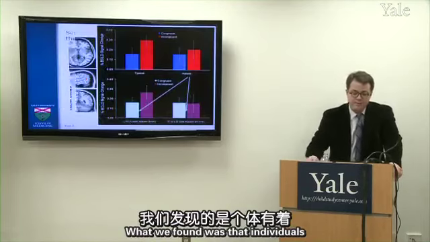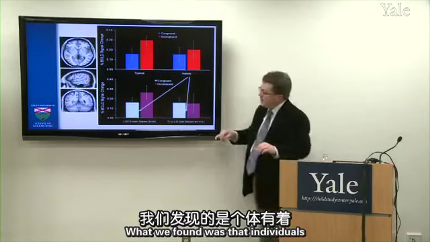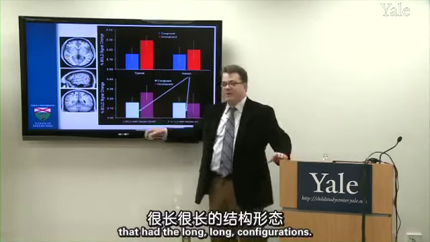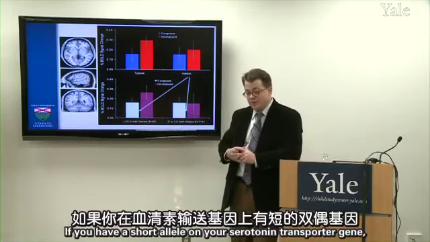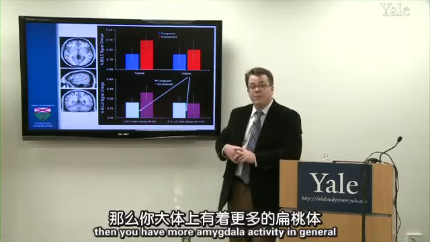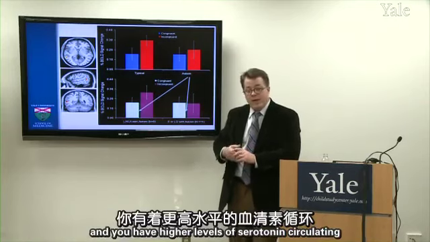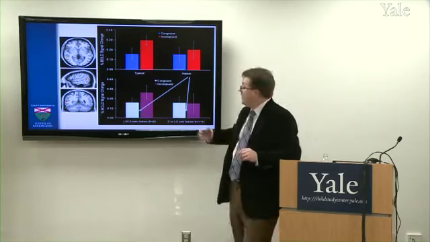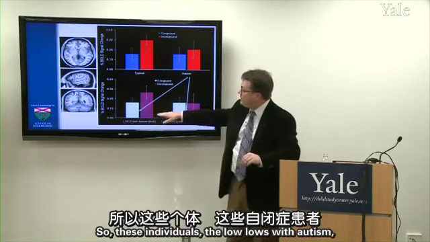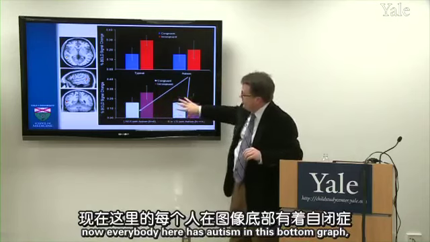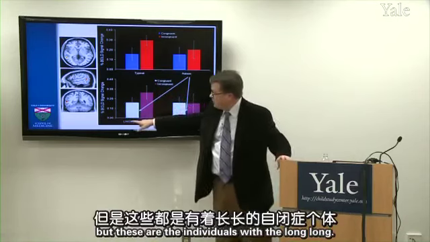And what we found was that individuals that had the long configurations, so different configurations, if you have a short allele on your serotonin transporter gene, then you have more amygdala activity in general, and you have higher levels of serotonin circulating in your brain and in your blood. So these individuals, the long-longs, with autism, now everybody here has autism in this bottom graph, but these are the individuals with the long.